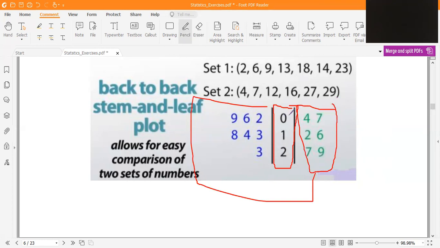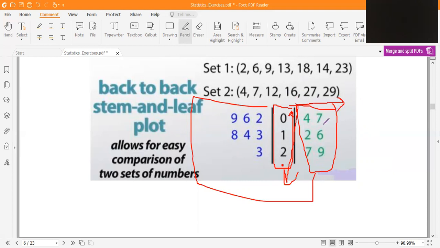Normally 0 is the smallest number here, and the stems increase in this direction: 0, 1, and 2. For the set on the right, the numbers increase in this direction.